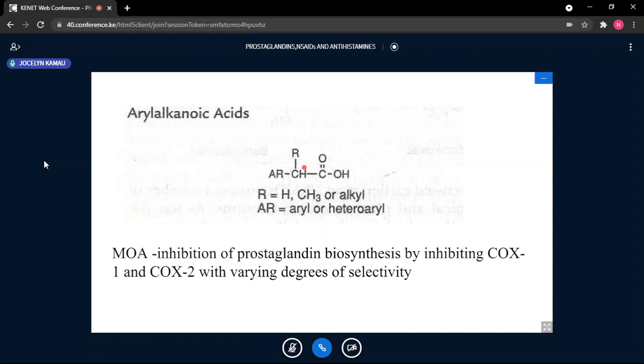Now, the first hydrophobic area has the pyrrole group, because that ring there, and the unsaturation, that is a pyrrole ring. But that pyrrole ring is joined to a dihydrocyclopentene ring.